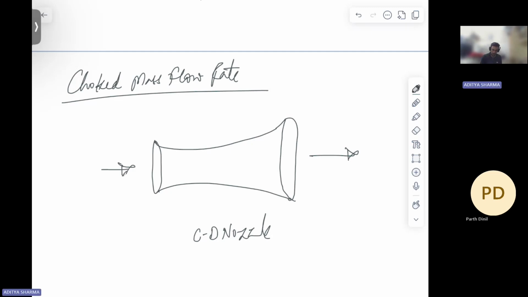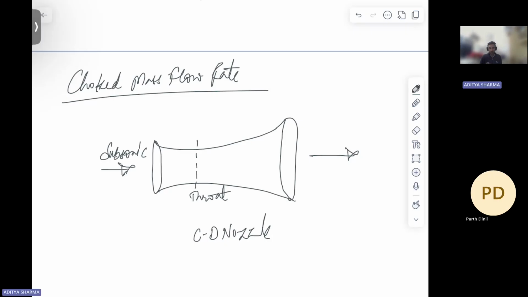Flow is taking place like this. This is your throat. So let's say it enters subsonic. Because first you have a convergent section, the flow will accelerate.